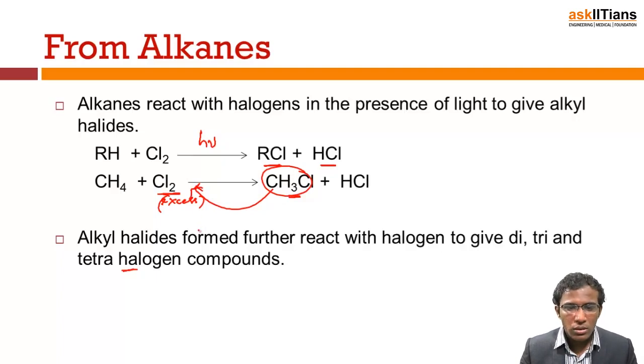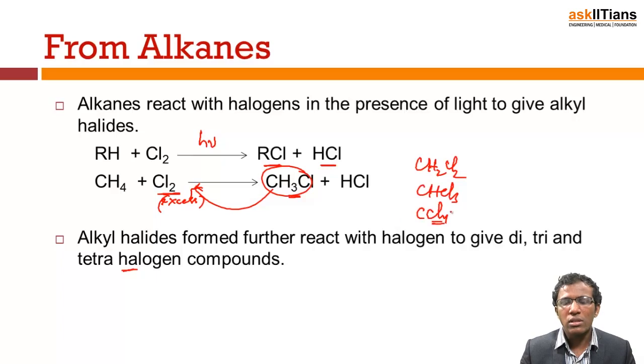This methyl chloride will again react with chlorine and produce CH2Cl2. If more chlorine is available in the reaction mixture, this will further react with chlorine and produce CHCl3, which may again produce CCl4, depending upon the amount of chlorine that we are taking.